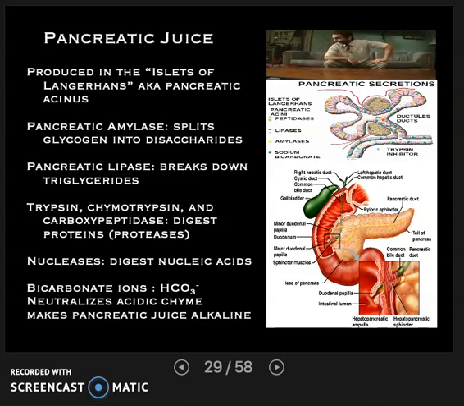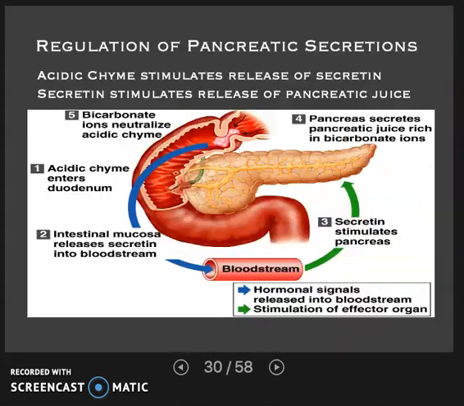So pancreatic juice inherently is an alkaline solution. And there is a negative feedback loop here regulating pancreatic secretions, all right? So when that chyme is dumped into the duodenum, it causes the release of a hormone called secretin, which enters the bloodstream.